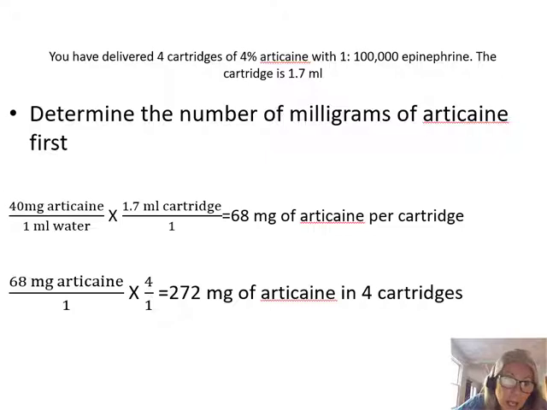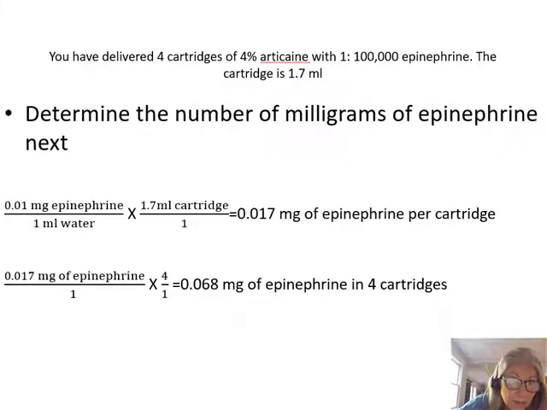Now we're not done. The next thing we need to do is determine the number of milligrams of epinephrine. So we can see here that we have 1 to 100,000 epinephrine. So what does that mean? That means 0.01 milligrams of epinephrine are contained in each milliliter of water.